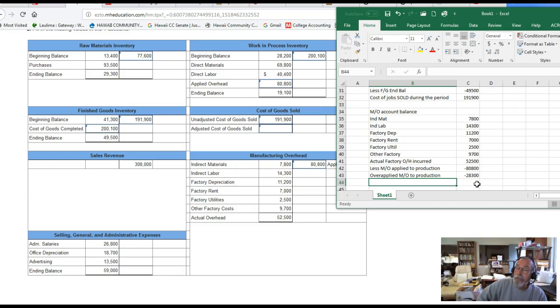And so this is adjusted, this amount in the overhead account, be it a credit as it is here or a debit as it could be if overhead had been under applied. It'd be a debit balance if our actual overhead was more than what we applied to production during the period. Either way, the overhead account needs to be adjusted to zero because again, this is an income statement account.